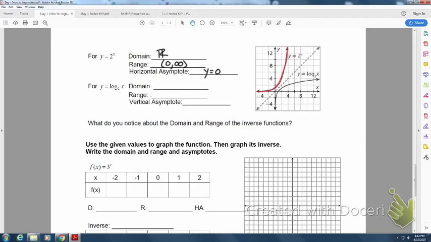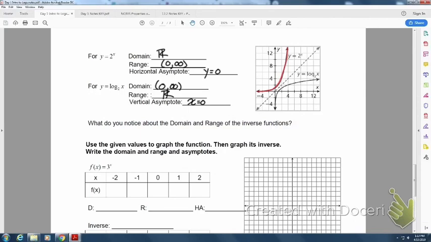So now, whenever I go from exponential to log, if everything just changes, what is now all real numbers? Range. My range. My domain is going to be what? 0 to infinity. And what is my asymptote going to be? X equals 0.